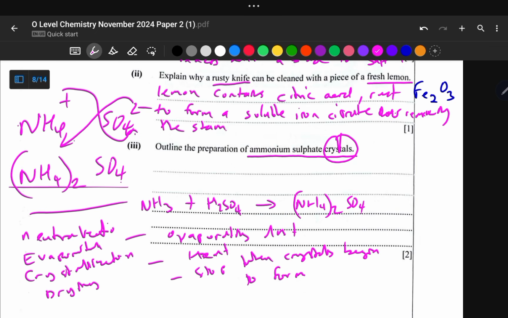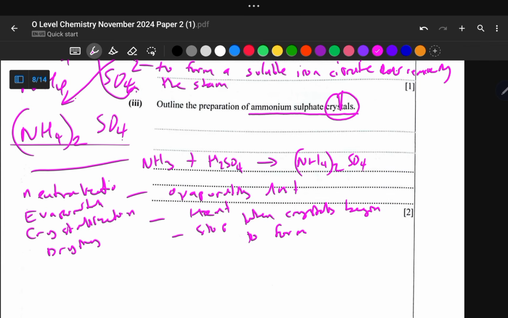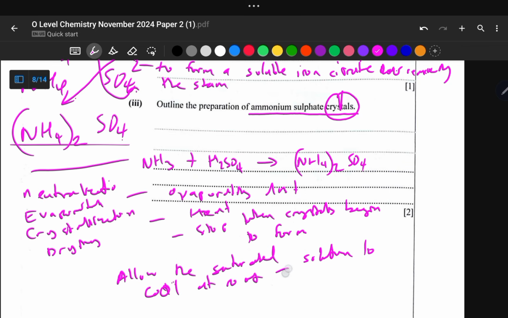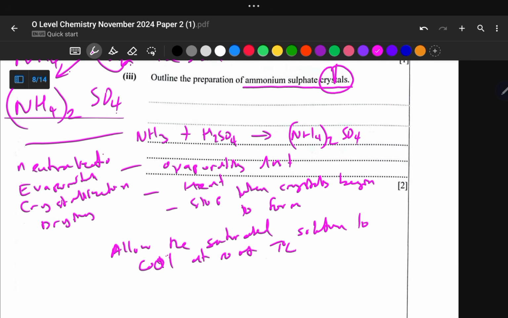And then for the third process, crystallization, allow the saturated solution to cool at room temperature. And then we're going to observe crystals of ammonium sulfate starting to form as the solution cools, right?